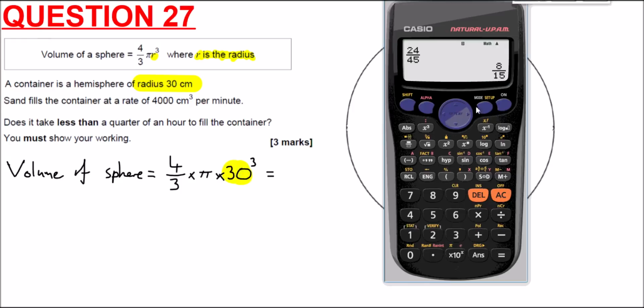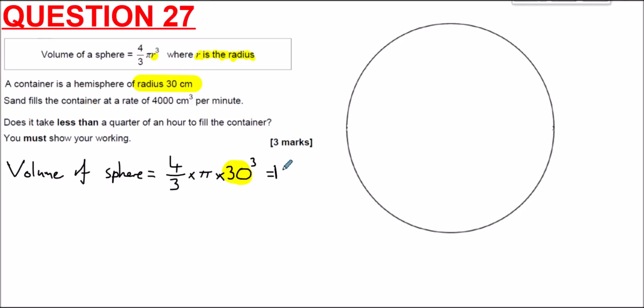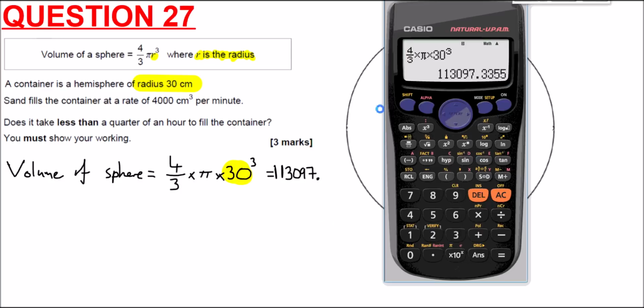So if we just whack these numbers into our calculator, 4/3 multiplied by pi multiplied by 30 cubed, we get an answer of 36,000 pi, which as a decimal would be 113,097. Don't round off numbers halfway through a calculation, so I'm going to just put down all these numbers. 113,097.3355.